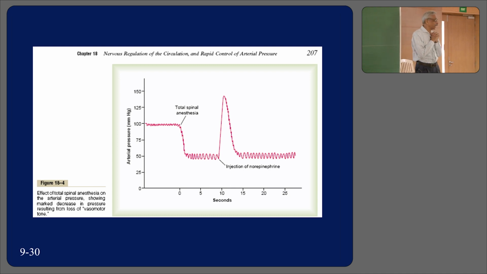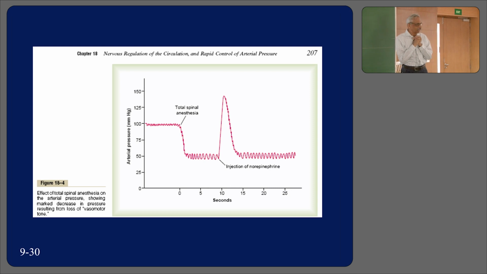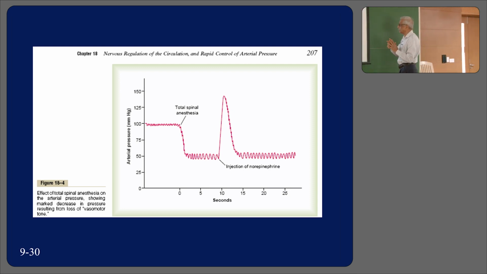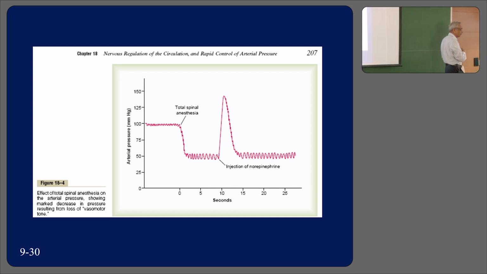I want to stop the corrective signals. So what I do is inject an anesthetic-like substance in the spinal cord. What I have really done is killed the compensatory processes. This is the mean blood pressure, about 100. Are you with me there?